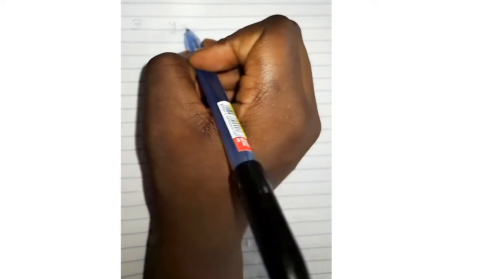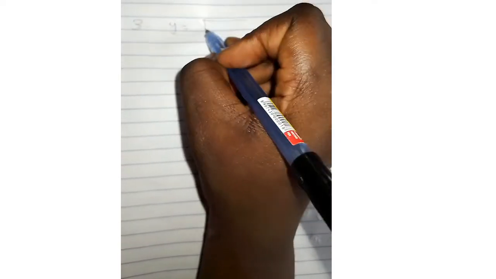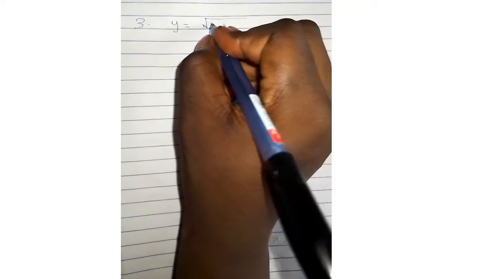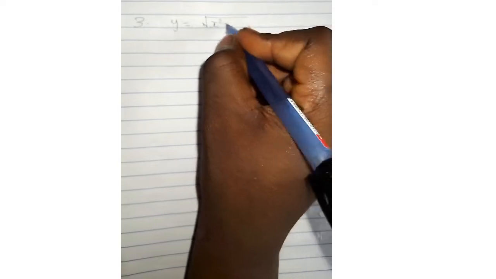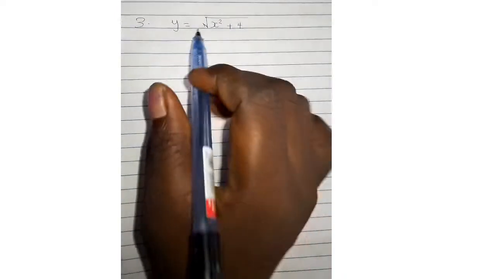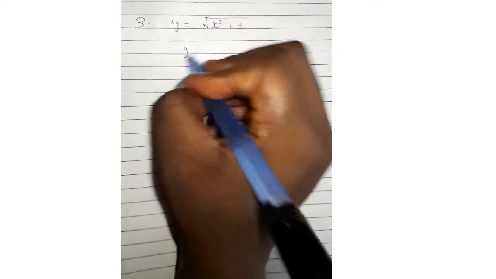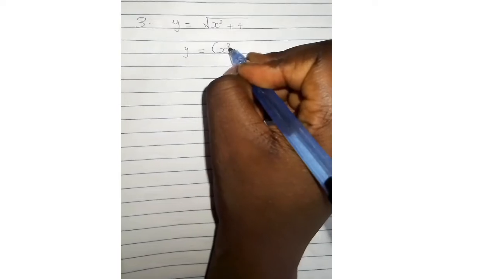Okay, taking another example, which says given an equation y is equal to the root of x squared + 4. We can rewrite this as y equals (x squared + 4) raised to the power of 1/2.